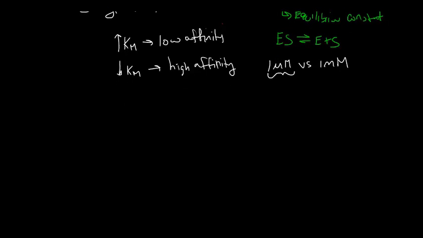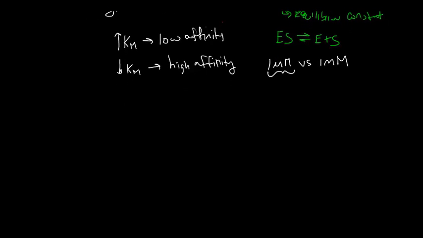Let's recap. The Michaelis-Menten equation is V0 equals Vmax times the concentration of substrate divided by Km plus the concentration of substrate.